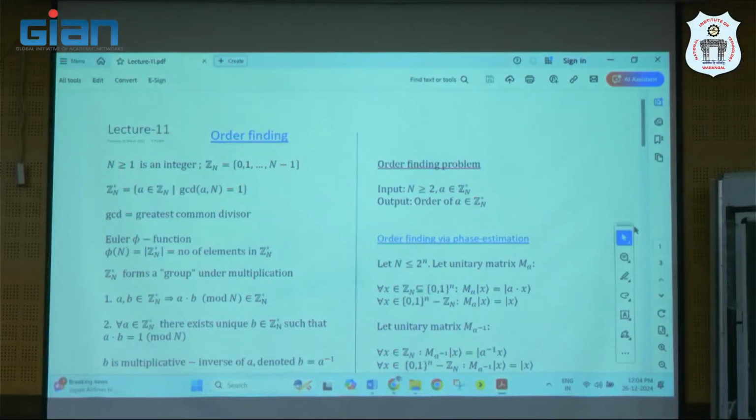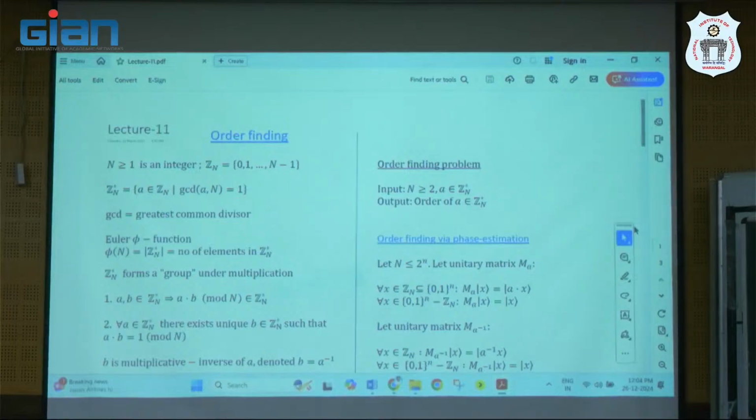Therefore, multiplication is a one-to-one operation, not a many-to-one operation, because if it were many-to-one, you wouldn't have the inverse. Agreed? So this is a one-to-one map. MA is a unitary. Similarly, you can define MA inverse, which is multiplication by A inverse.